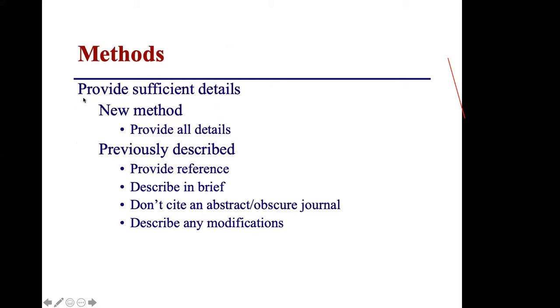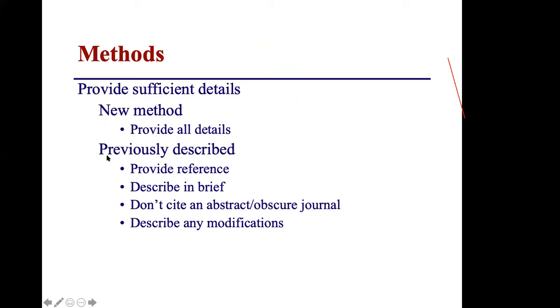So therefore, when we do the method section, we need to provide sufficient details. If you're doing a new method, provide as much detail as possible, so that somebody else who wishes to replicate the study is able to do so.